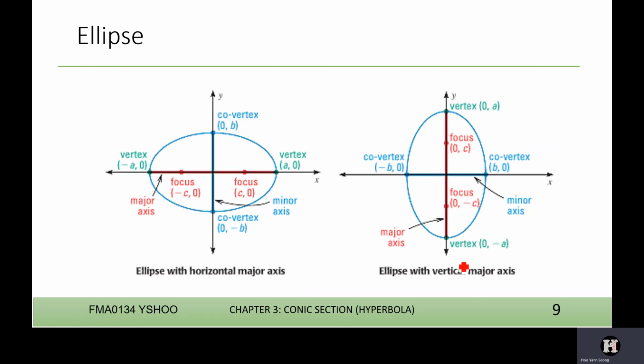From the standard equation of the ellipse, you can tell whether your ellipse is lying down or standing. This one I call lying down, this one I call standing. Later on you will see that from the standard equation you can know why your ellipse is lying down and why it is standing up.